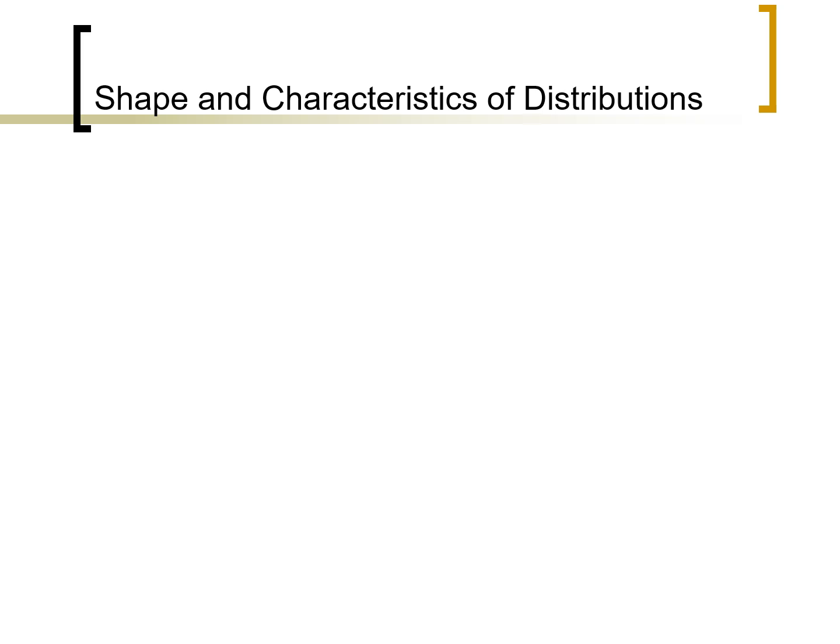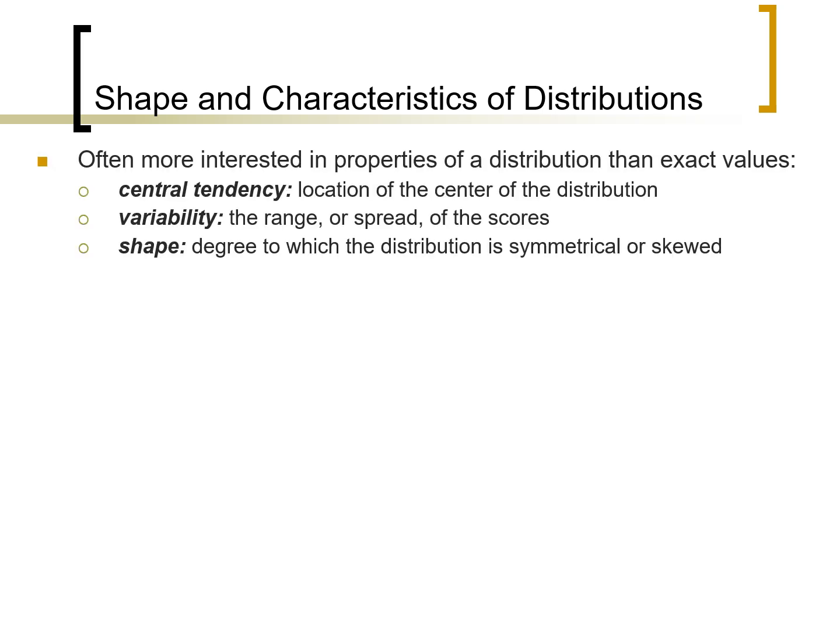So finally, a couple more things to point out about distributions. A lot of times we don't care so much about the exact values in our theoretical population distribution, as we'll find out. We just want to know generally where's the middle, what's the range, how spread out around the middle are the scores, and what's the shape.